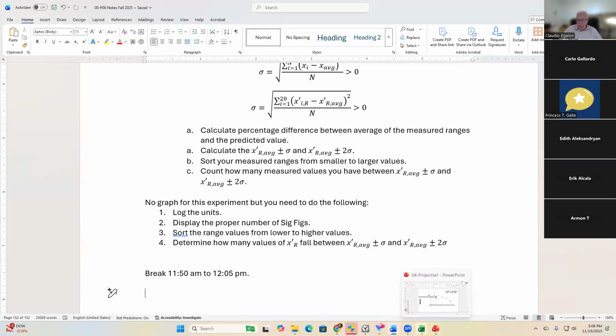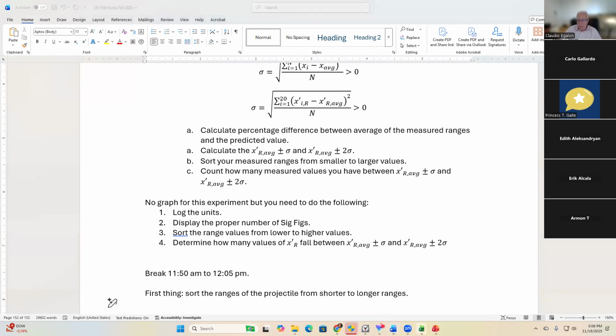The first thing that you want to do is sort the ranges of the projectile from smaller to shorter to longer range, right?